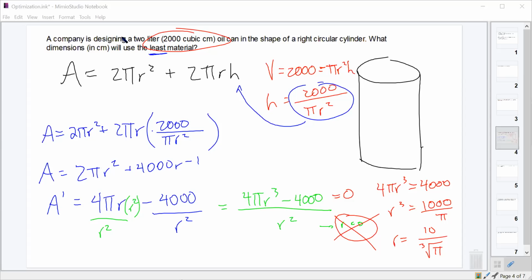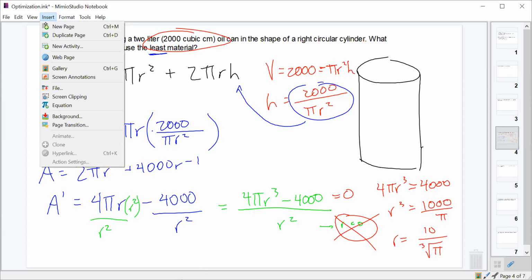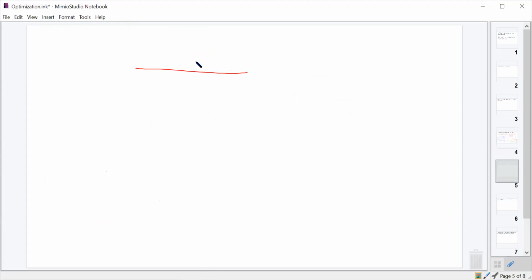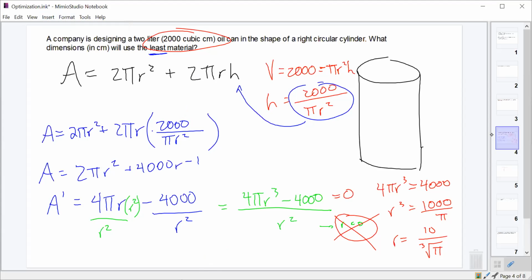All right, so what do we need to do with that r value? We need to put it on a sign chart. So we've got 10 over the cube root of pi, and something less than that would be like 1. If I plug in 1 to our derivative, we're going to end up with 4 pi minus 4,000, which is a negative over a positive.